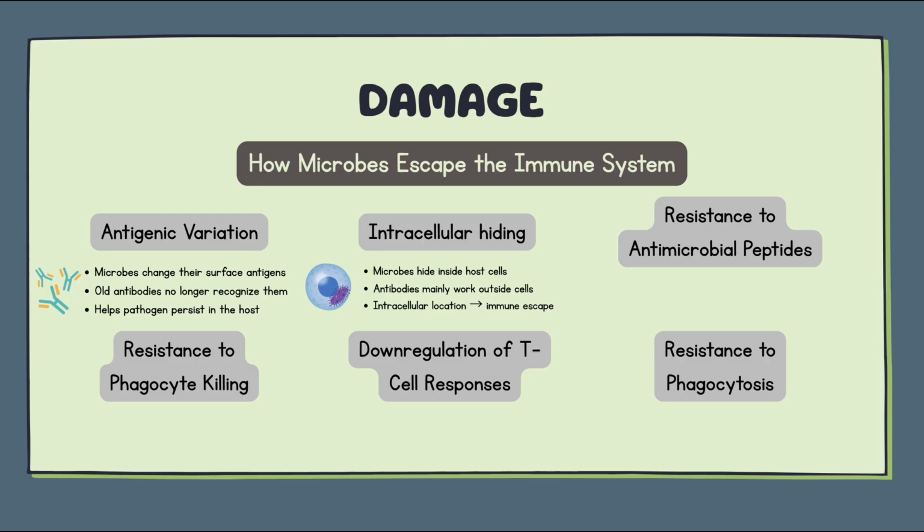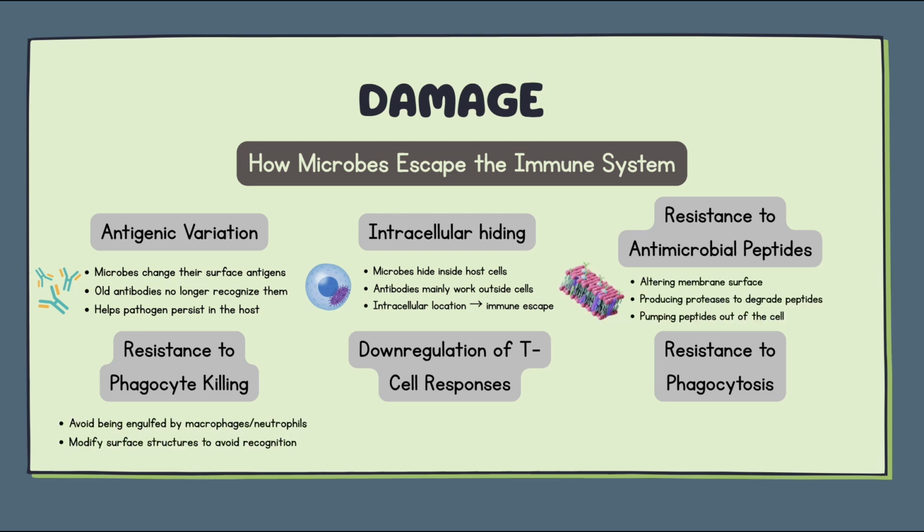However, microbes may develop resistance to these peptides by several mechanisms, including altering their membrane surface so antimicrobial peptides cannot bind effectively, producing proteases, enzymes that break down and degrade these peptides, and using transport pumps, so they export the antimicrobial peptides out of the microbial cell, and so then they can't kill it.